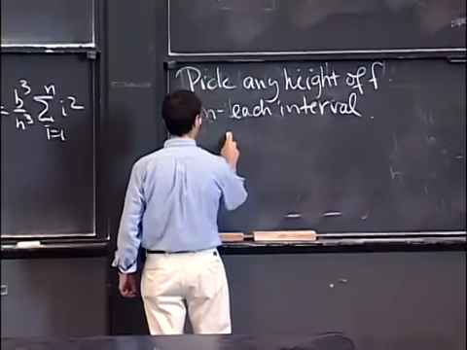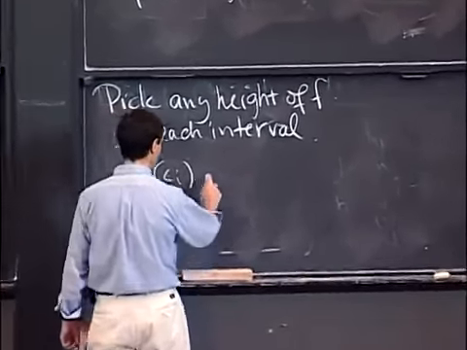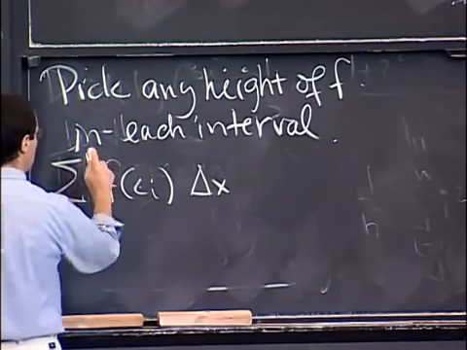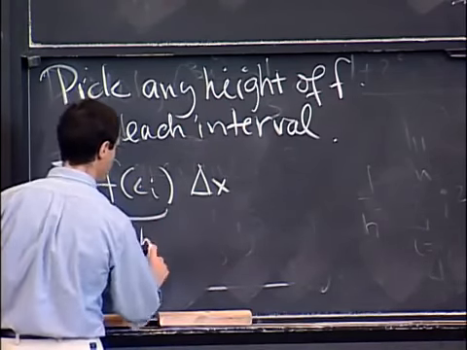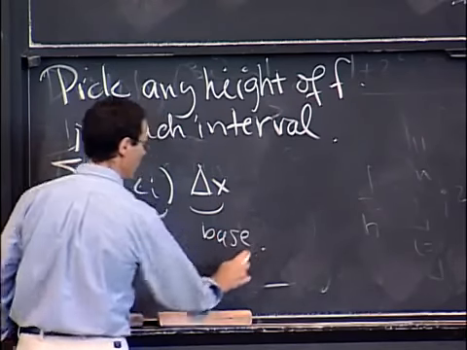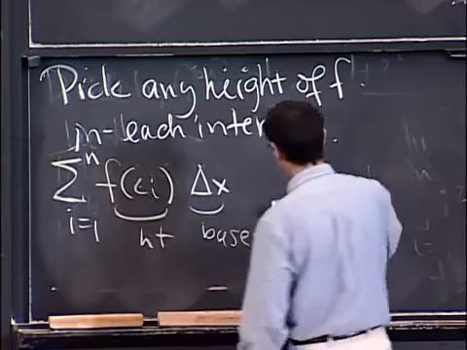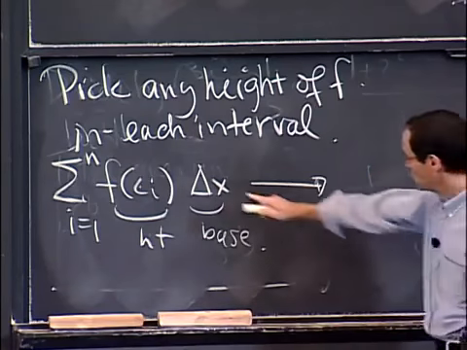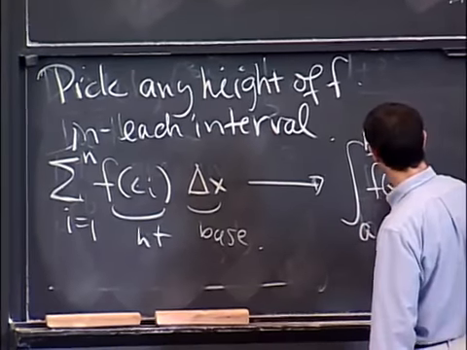So that means we're picking f of Ci, and that's a height. And now we're just going to add them all up. And this is the sum of the areas of the rectangles, because this is the height and this is the base. This notation is supposed to be now very suggestive of the notation that Leibniz used, which is that in the limit, this becomes an integral from a to b of f of x dx.